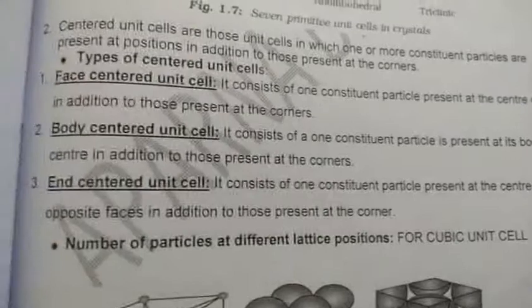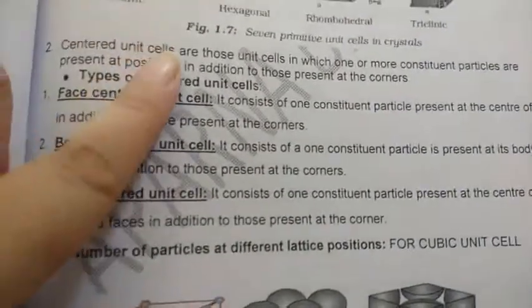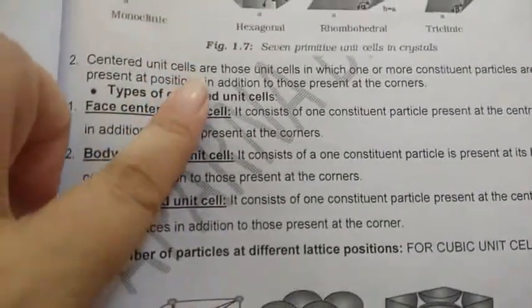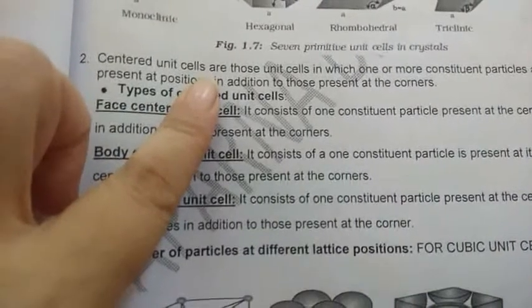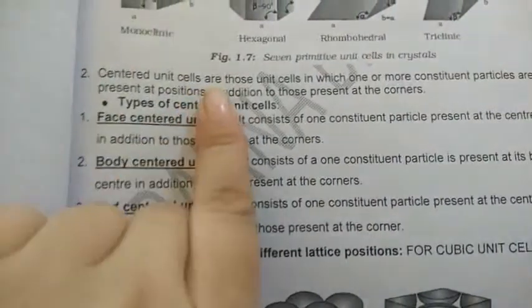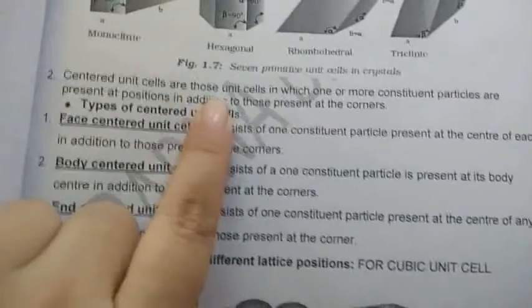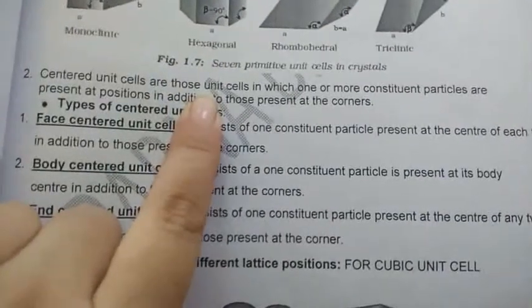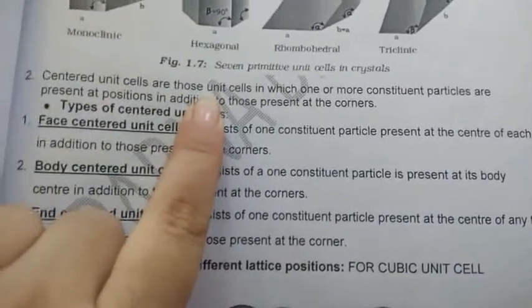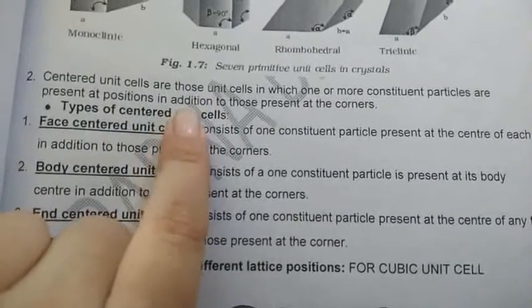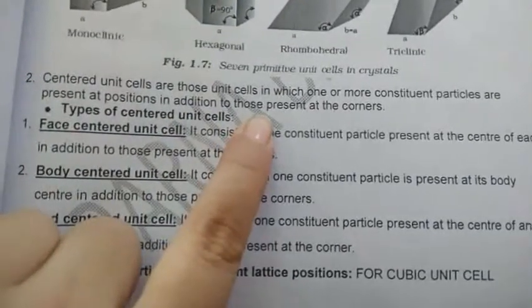Next important part is the centered unit cell. What is the centered unit cell? It is the second type of unit cell. The first was the primitive unit cell, the second is the centered unit cell. These are the unit cells in which one or more constituent particles are present at positions in addition to the corners.